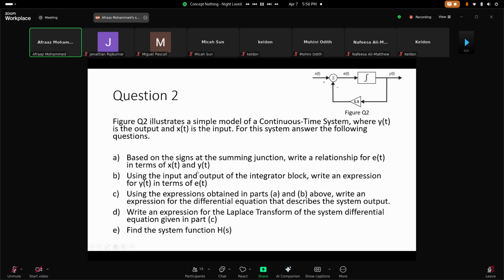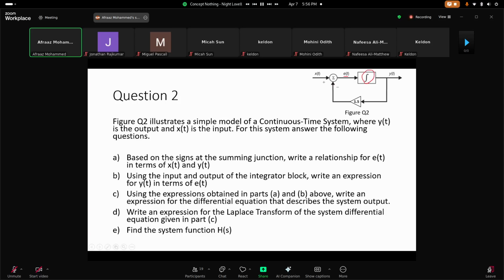Based on the signs at the summing junction, write a relationship for E of t in terms of x and y. This is E of t here, using the input and output from the integrator block. This is the integrator block again.